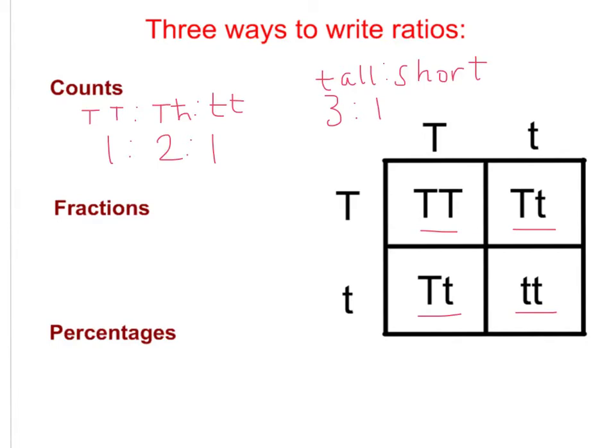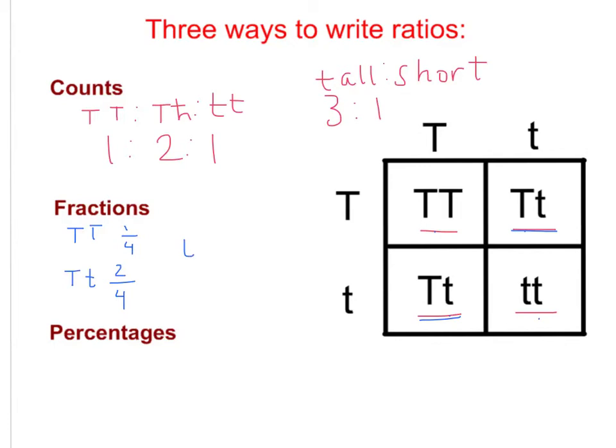Another way we can report ratios is by using a fraction. If we count genotypes, we can say that for homozygous dominant genotype, 1 out of 4 is homozygous dominant. And heterozygous, we have 2 out of a possibility of 4 total. So 2 out of 4.